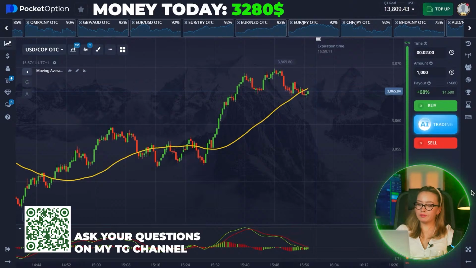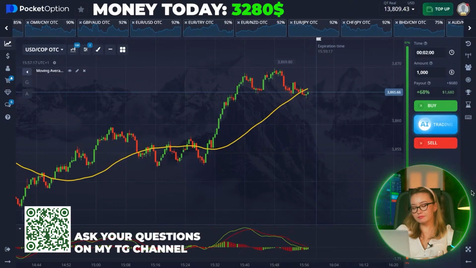So, in a period of 50, there are 50 candles. A moving average with a period of 10 reacts more quickly to price changes, while one with a period of 50 moves much more smoothly. Does it make sense, guys?